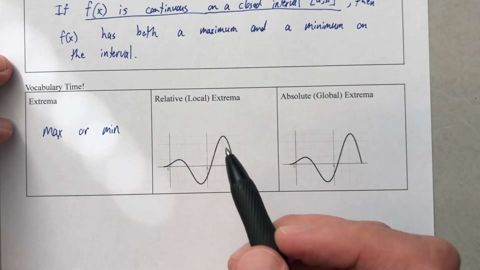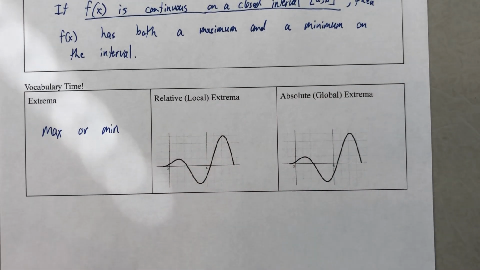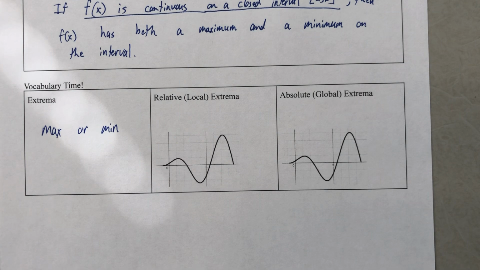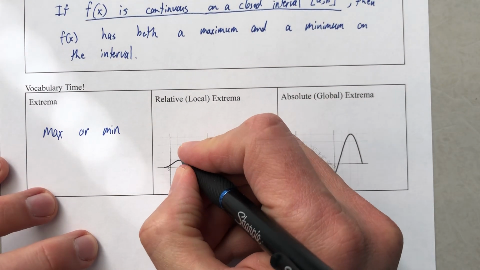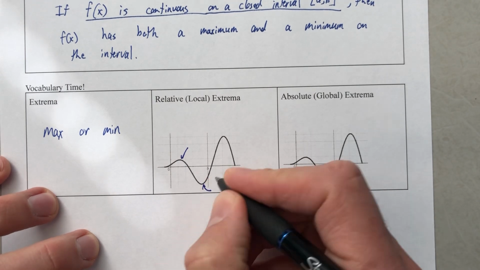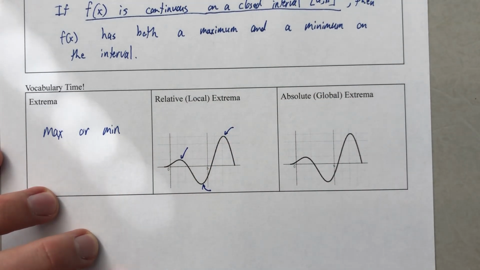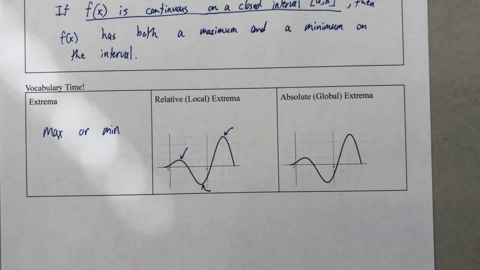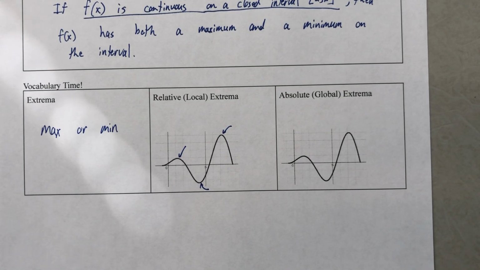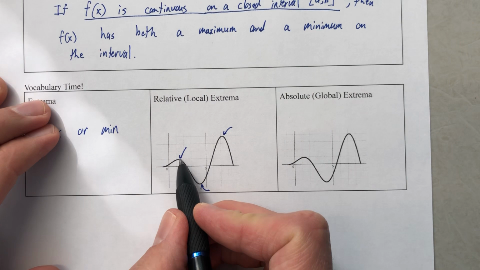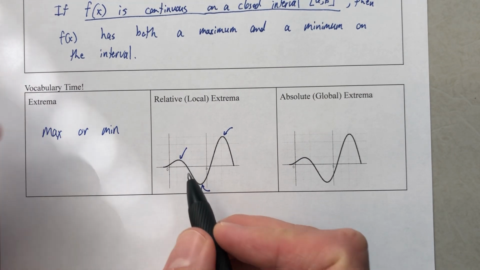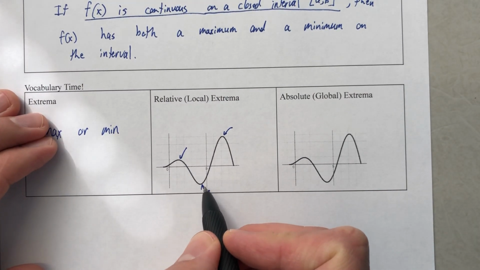A relative extrema is any high or low value. There's one, there's one, there's one. Any high value or low value. And the technical definition is the highest or lowest in a smaller interval. So this is a maximum just within its own little region. You can call them peaks and valleys.